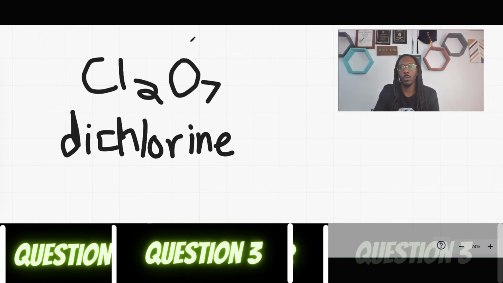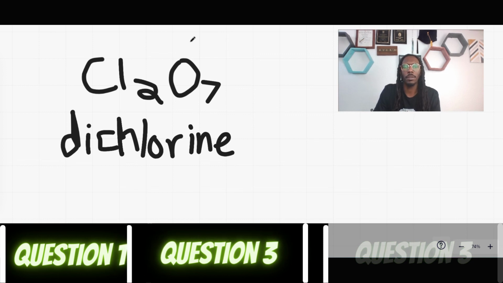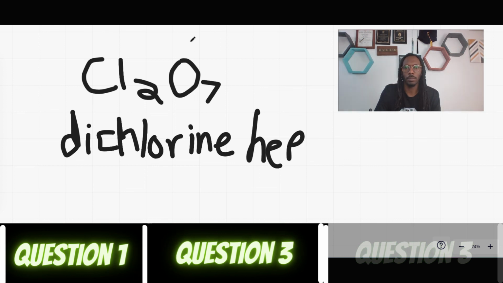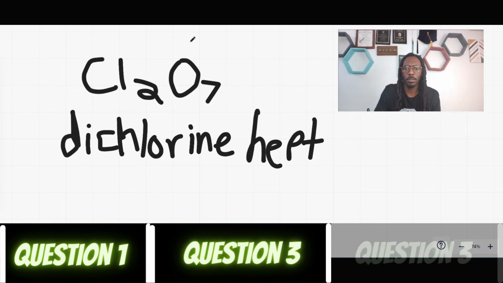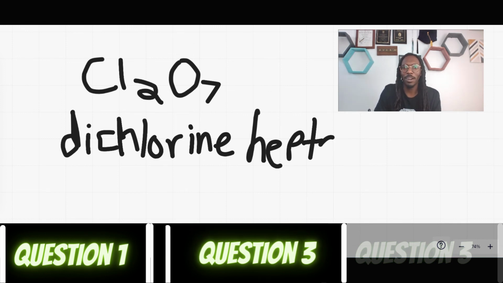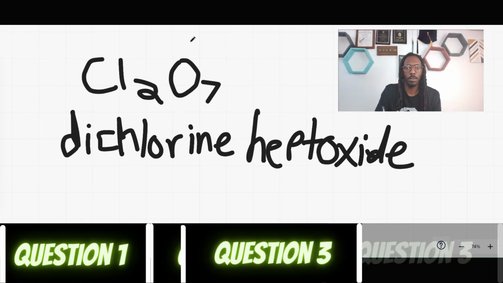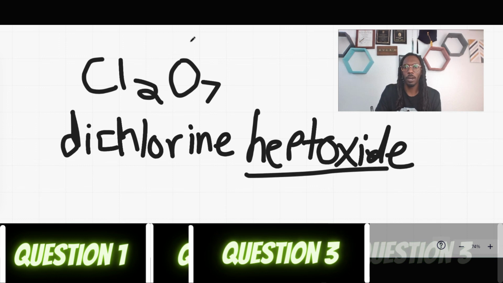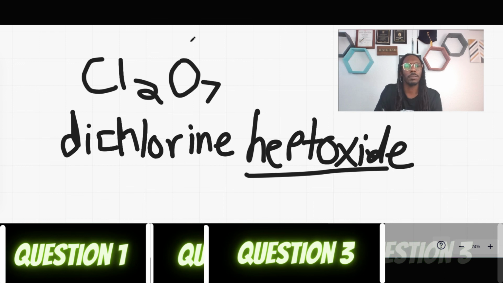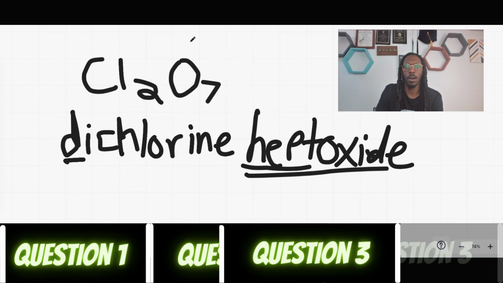The question is, what's going to go for the prefix? If you remember the prefixes, for 7 it's hepta. So we're looking at heptaoxide for our second name. When it comes to molecular compounds, prefixes are key.